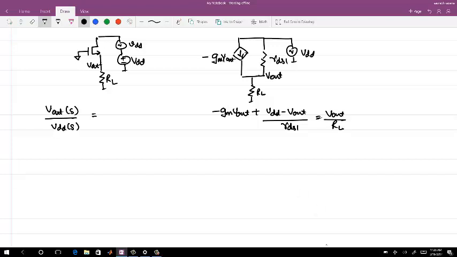If anything is wrong, let me know. So Vout into 1 by RDS1 plus 1 by RL plus GM equals VDD over RDS1. So Vout by VDD, if you consider GM is very large, will be something like GM by RDS.